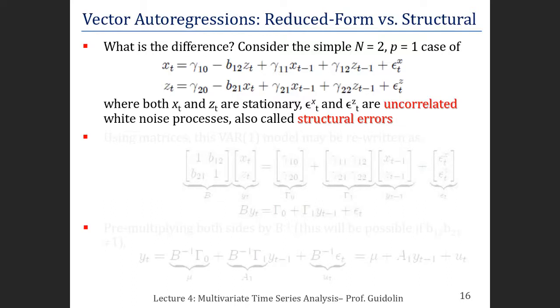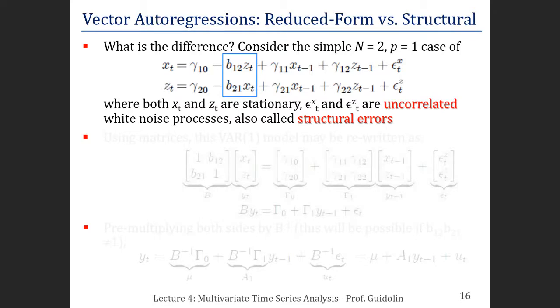And why do I say that this one is a structural model? The reason is that, clearly, unless something happens to the coefficients b12 and b21, x_t depends on z_t if b12 is different from 0, and z_t depends on x_t if b21 is different from 0.